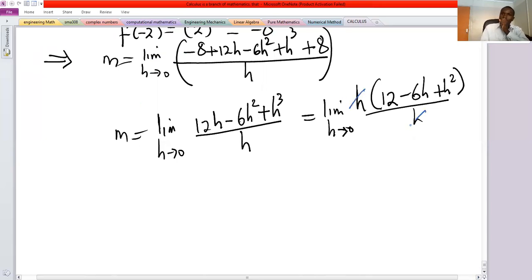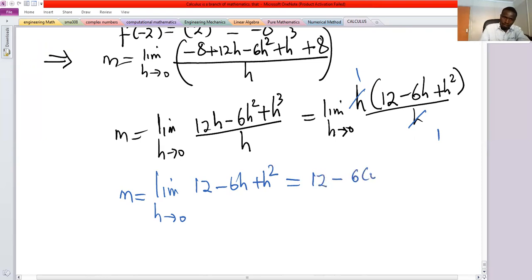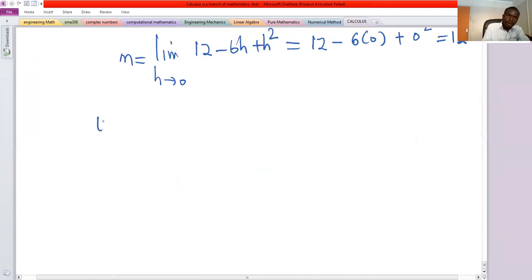So m is the limit, so we get 12 as the gradient, and so the equation of the tangent is y minus f of a equals m times (x minus a).